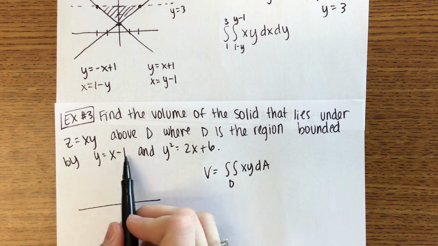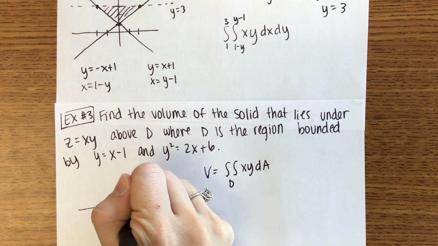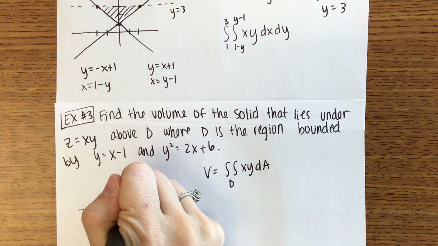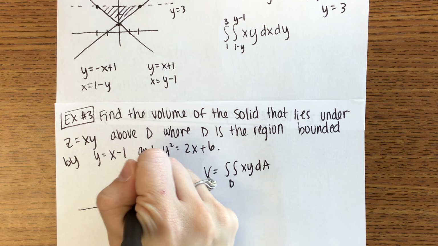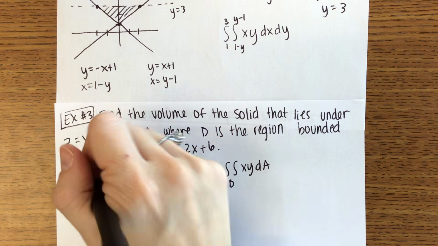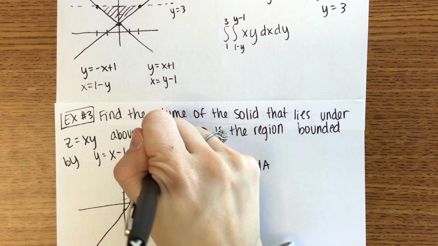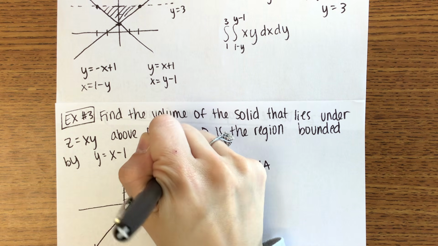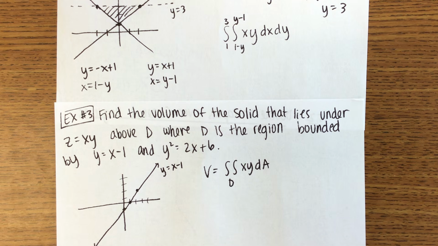Okay, y equals x minus 1, you guys know what that looks like. y squared equals 2x plus 6.